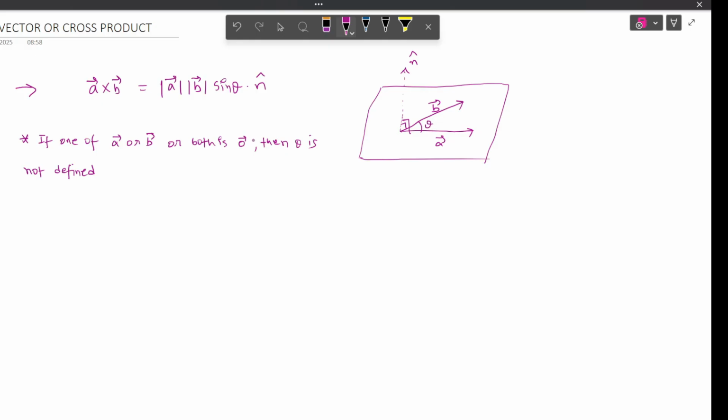So n cap is not defined in this case, and we can say A cross B would be a 0 vector.